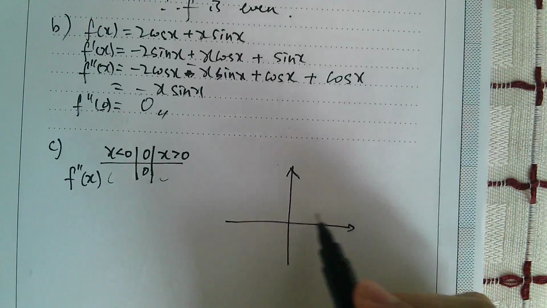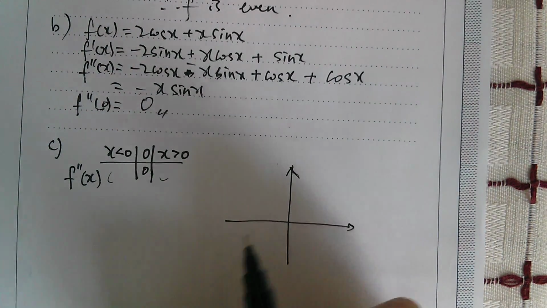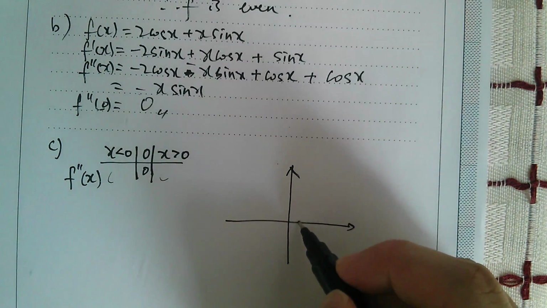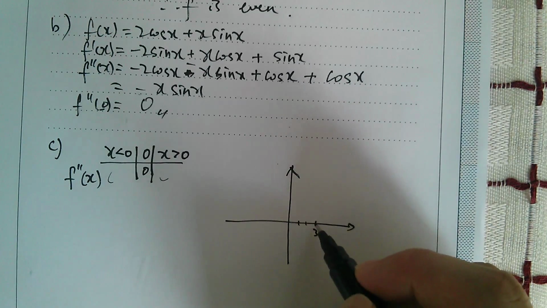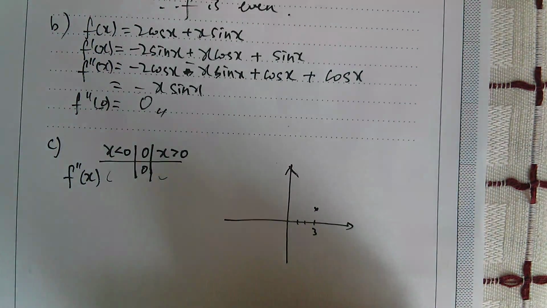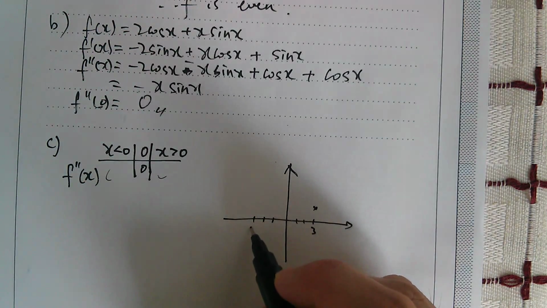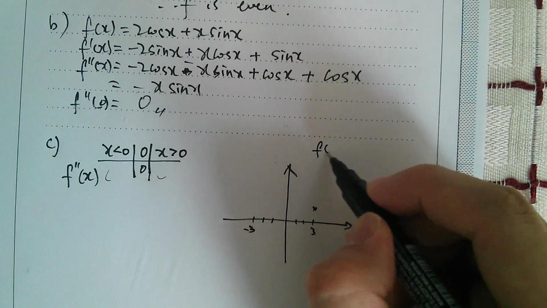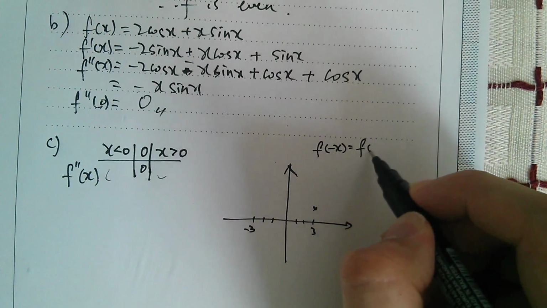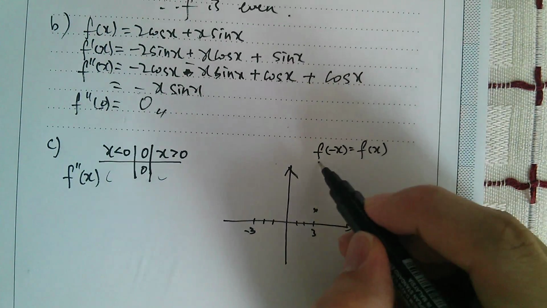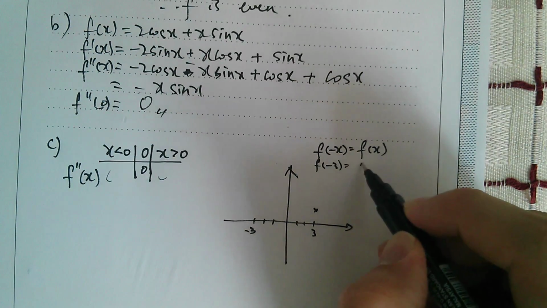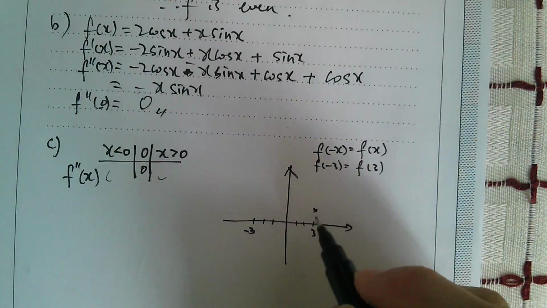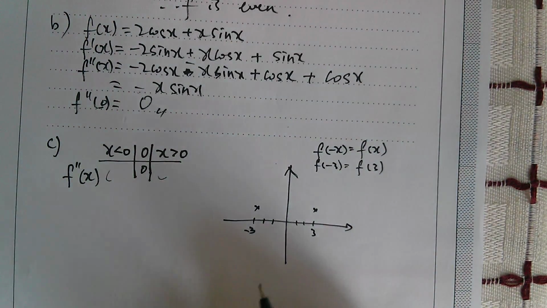Because the positive x part and the negative x part take the same value. Say when x is 3, y is 2. Then what about negative 3? Since it's even, they will satisfy this. Therefore, f(-3) should be the same as f(3). Therefore, they would have the same functional value.